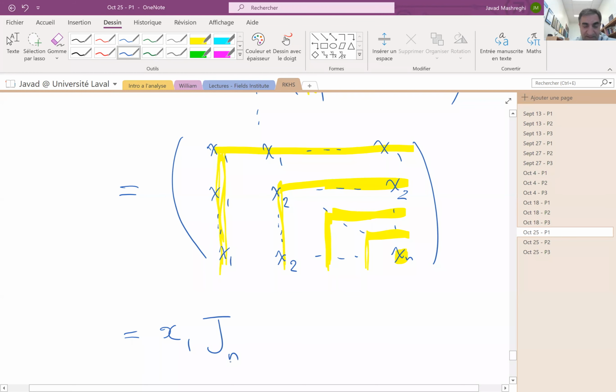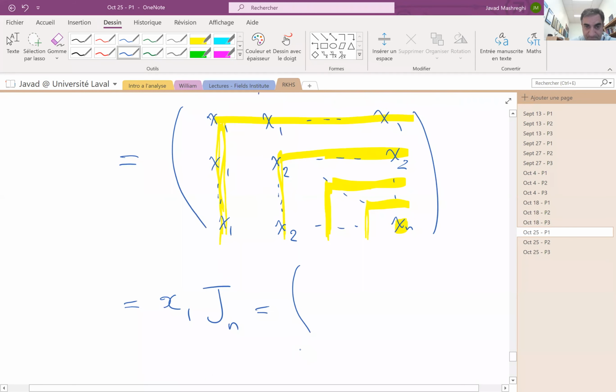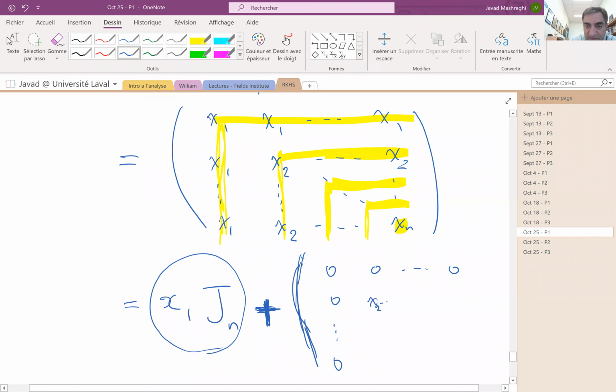So if I subtract x1 from the previous matrix, this is equal to plus. Plus what? If I move this to the other side to see what my matrix is here, x1 times Jn is a matrix, all of whose elements are x1. So here I would have 0. And here x2 minus x1. After this x3 minus x1. And finally, xn minus x1.